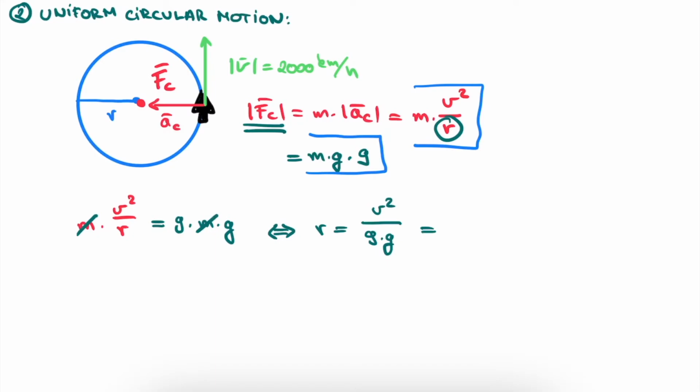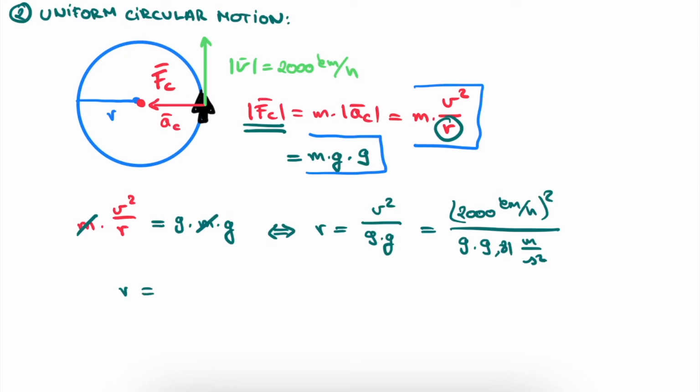So we know that this will be equal to 2000 kilometers per hour squared divided by 9 times 9.81 meters per second squared. And at this point we see that we still have to adapt the units, because in the denominator we have meters and seconds, and in the numerator we have kilometers and hours. So what we're going to do is write these kilometers per hour as meters per second. And this we do in the following way.